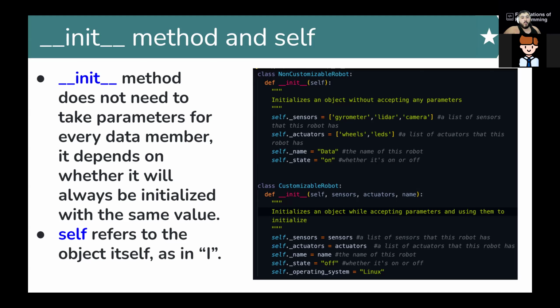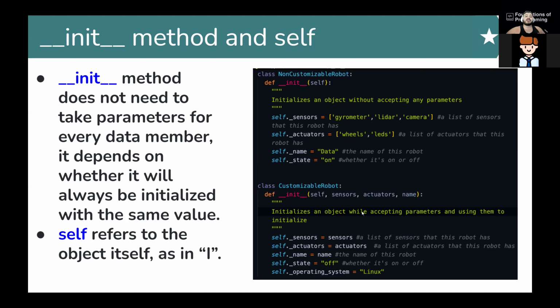Yep. Right? It'll make a little bit more sense when we see the one below it, where you see here it has three parameters passed in. Customizable robot has the ability to take in sensors, actuators, and name as arguments. And instead of hard coding a preset definition for sensors and actuators as well as name, we're going to pass in whatever is being given as a parameter when creating this class.